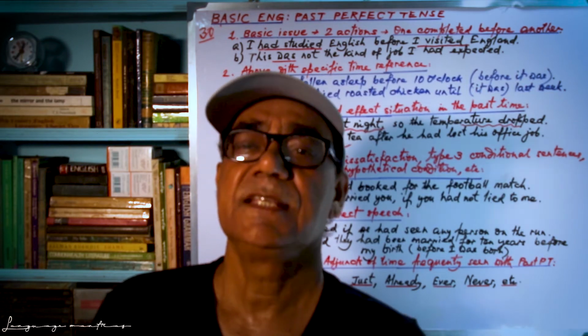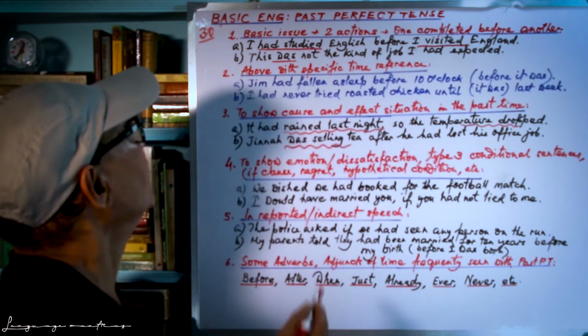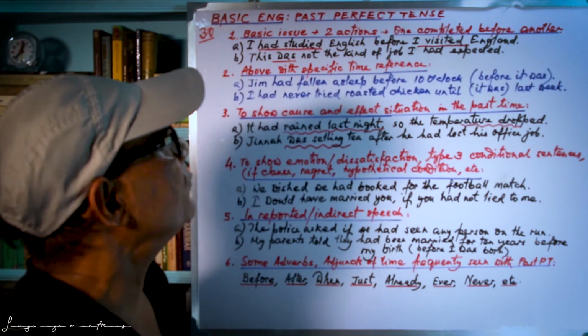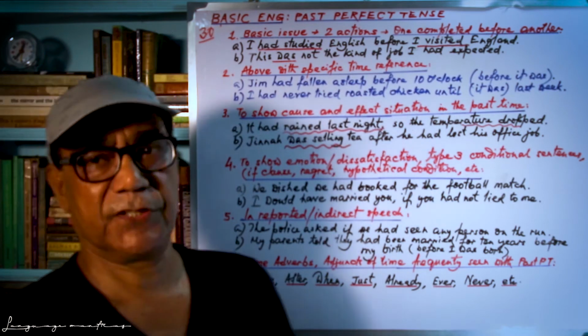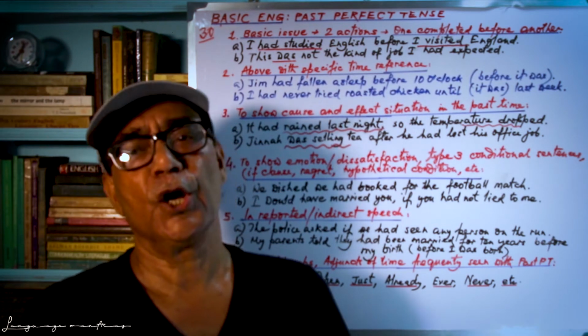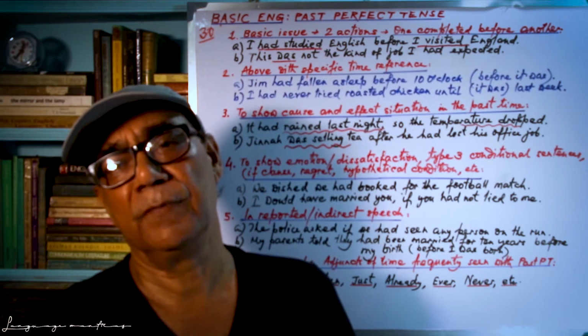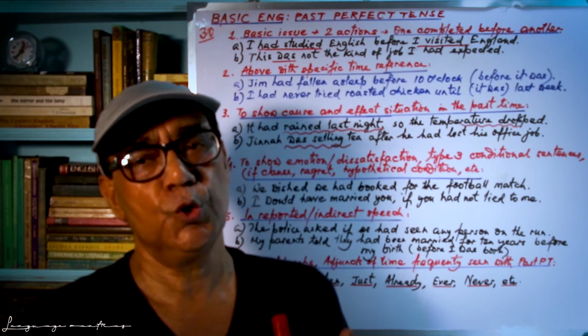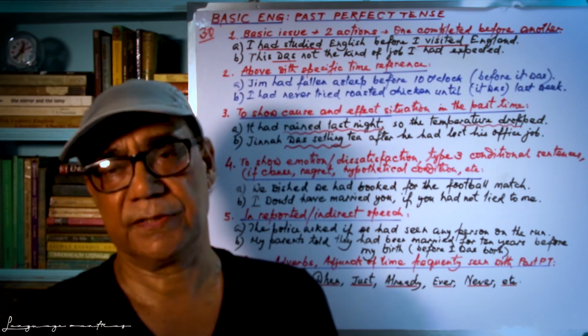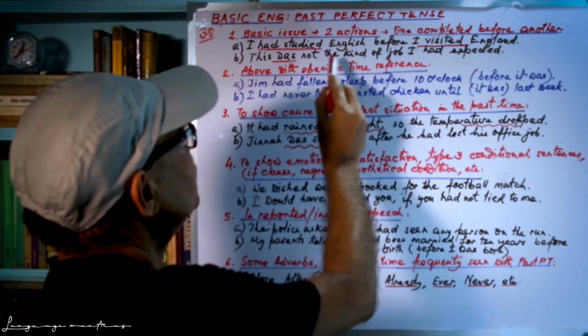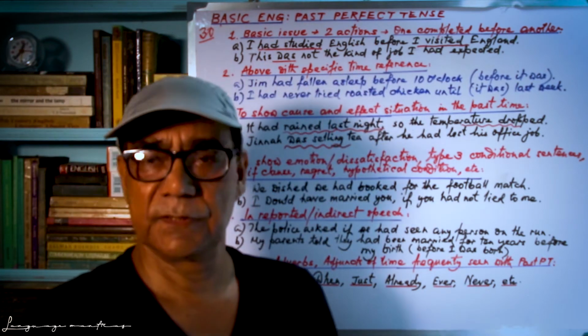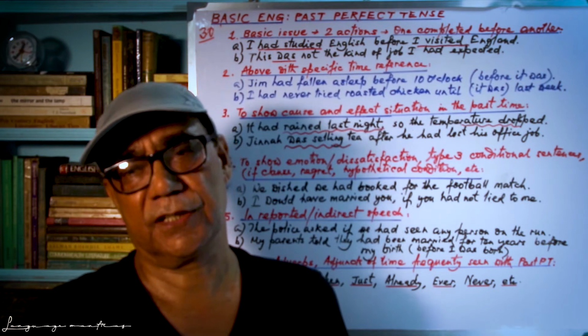Now let's see some examples. This was not the kind of job I had expected. Two clauses are there. This was not the kind of job, and I had expected.